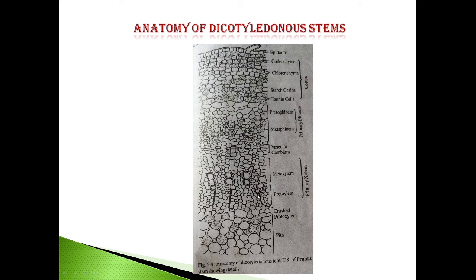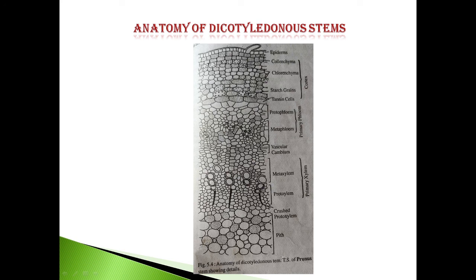In between them there is the cambium ring, which is made of meristematic cells. The cambium consists of a single layer of cells which by division give rise to the secondary xylem towards the center and the secondary phloem towards the periphery.